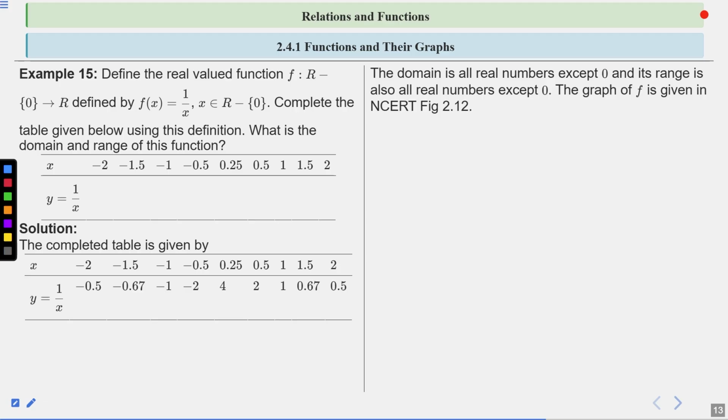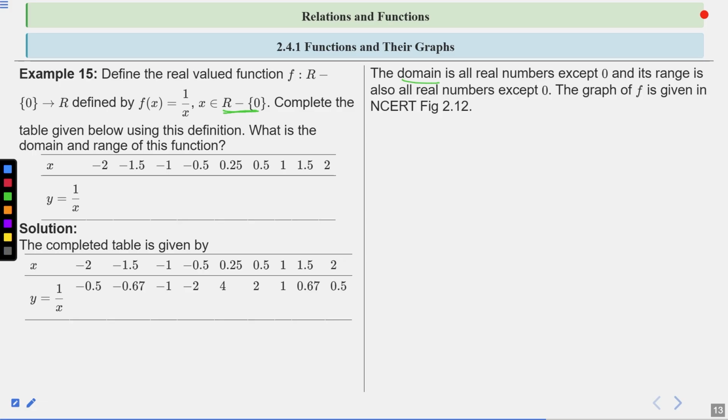Now, in order to answer the domain, it is quite clear that it is all the input values. So what values can we give as input? All real numbers except 0.